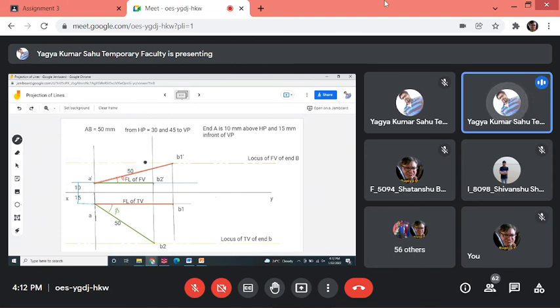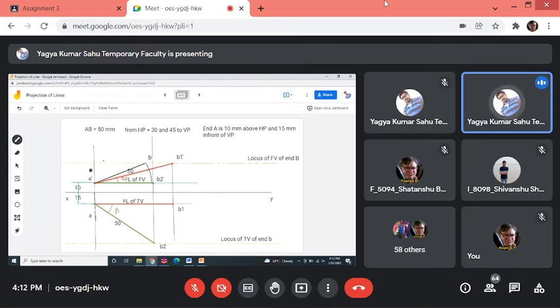So consider a dash as a center. We are rotating this one first. Like this. Okay. So you will get the final position, final b dash. Join A dash B dash. That will be the final front view.